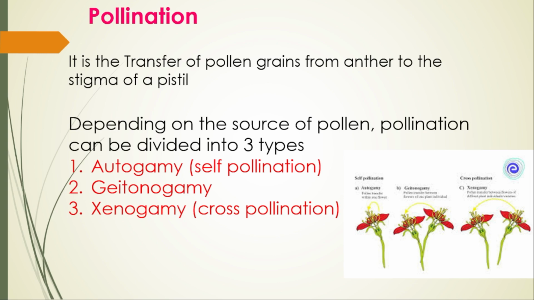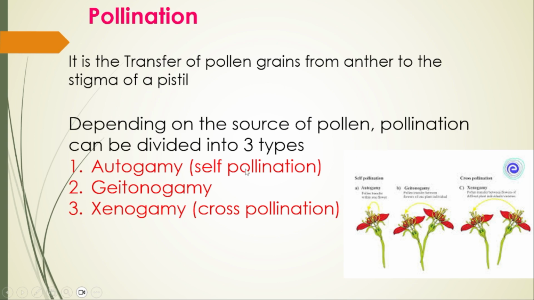A pollen grain won't have the capacity of motility. That's why there is a transfer of pollen grain from one flower to another flower, or from the anther to the stigma, with the help of pollinators. That process is said to be what? Pollination. It is defined as the transfer of pollen grain from anther to the stigma of a pistil.